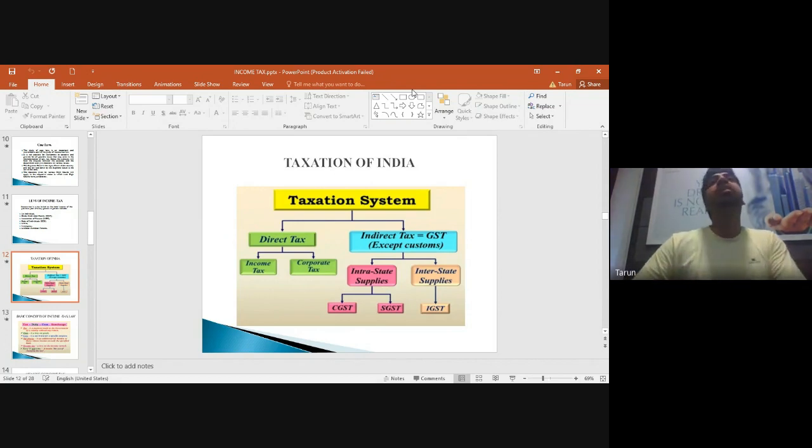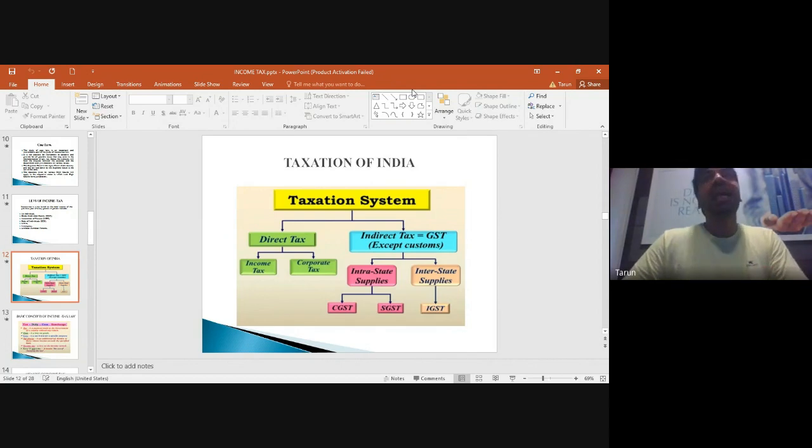If a trader of one state wants to supply goods worth, let's say, 10,000 or 15,000 rupees to another client of the same state, it's called intrastate supply, right? That is the supply of goods within the state.